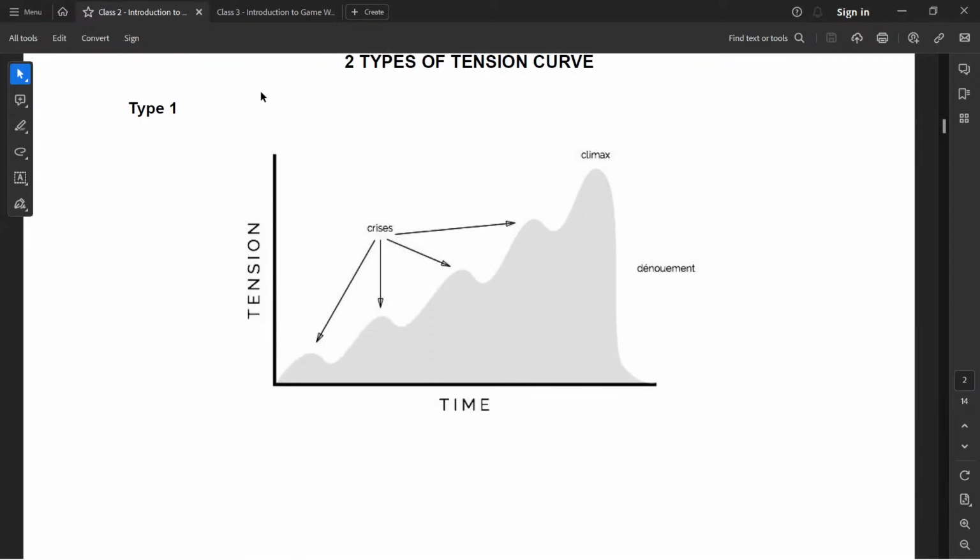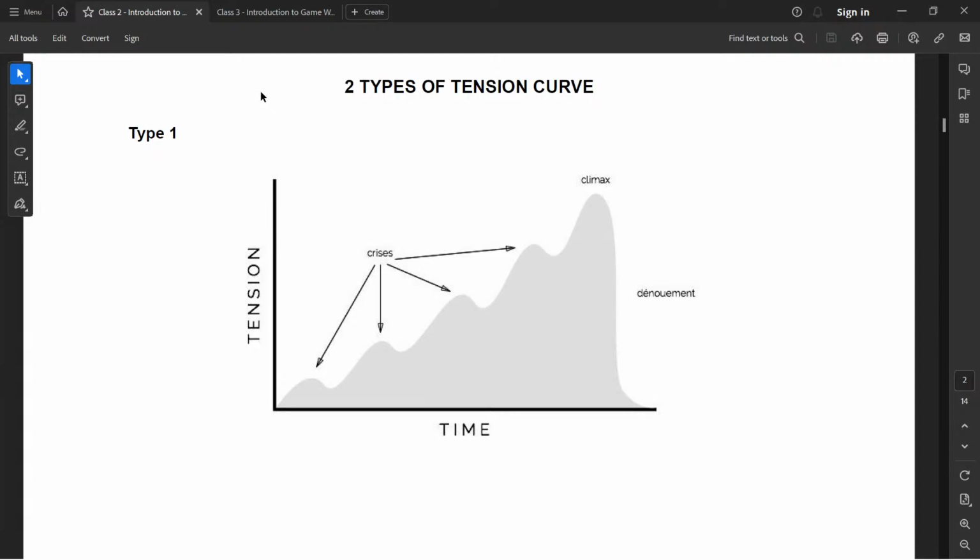And then we have the next type of thing, called tension curves. So, what are tension curves? I'm back. So, what are tension curves? There are two types of tension curves. This is the first type that you can see in front of you. It's a simple graph that has been illustrated.